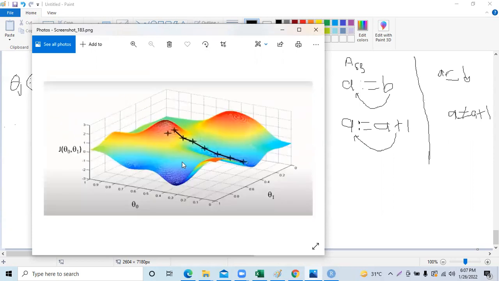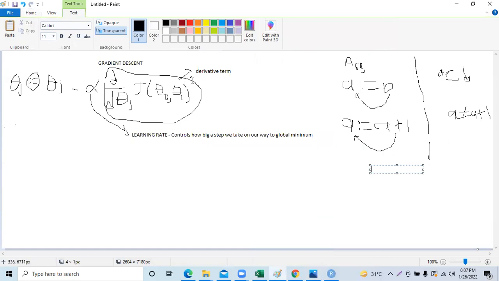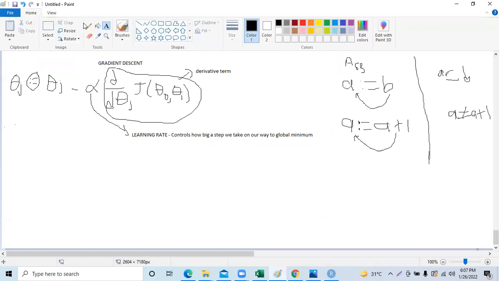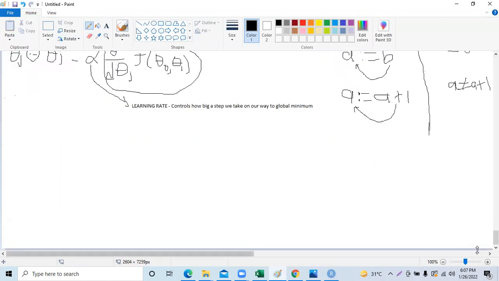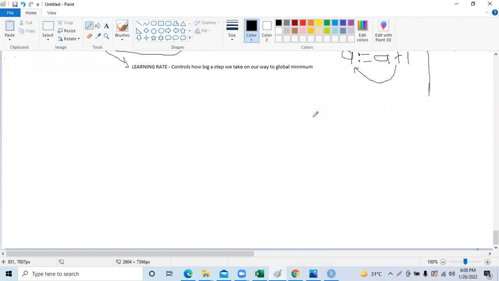So let me explain this derivative term right now. Let's use a very simple example. Please, if you don't understand this to this point, I want you to go through last class and understand cost function.